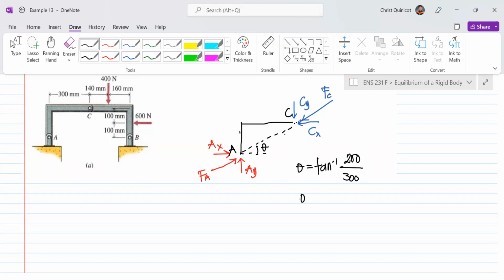So our theta for our member AC is the inverse tangent of 200 divided by 300, and that is 33.69006753 degrees, and we will be needing this angle later.